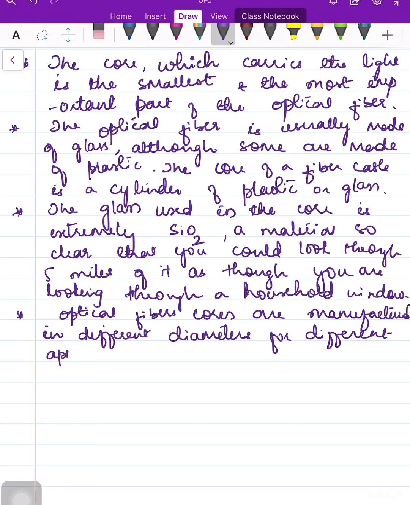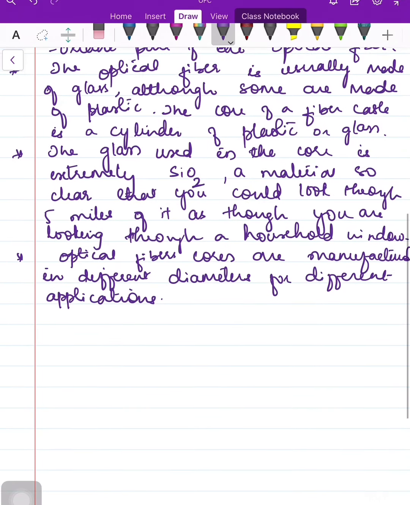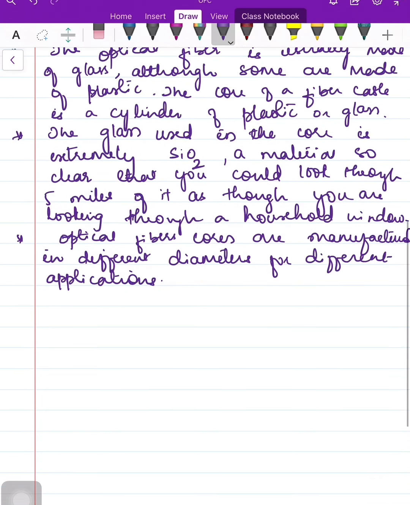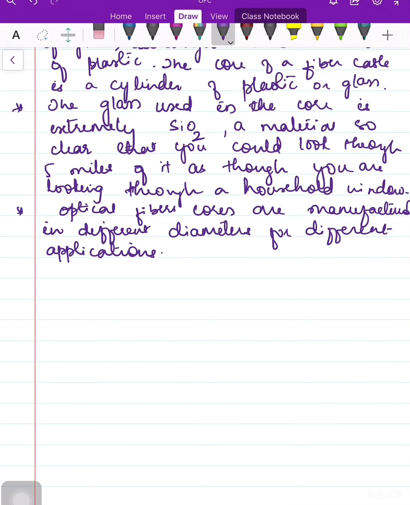It depends what application you are using the optical fiber for, and according to it, the diameter which is manufactured varies.